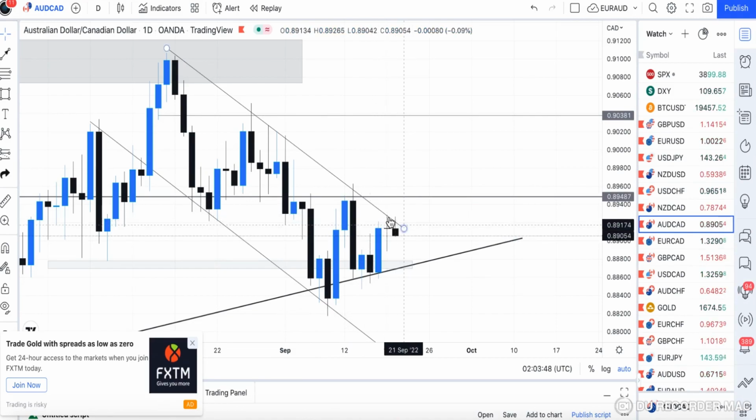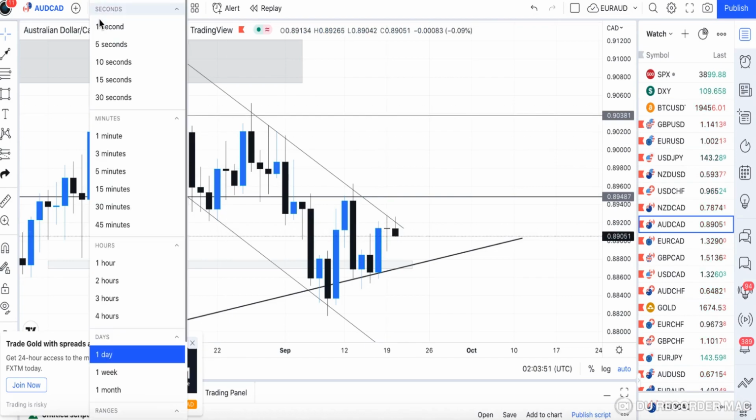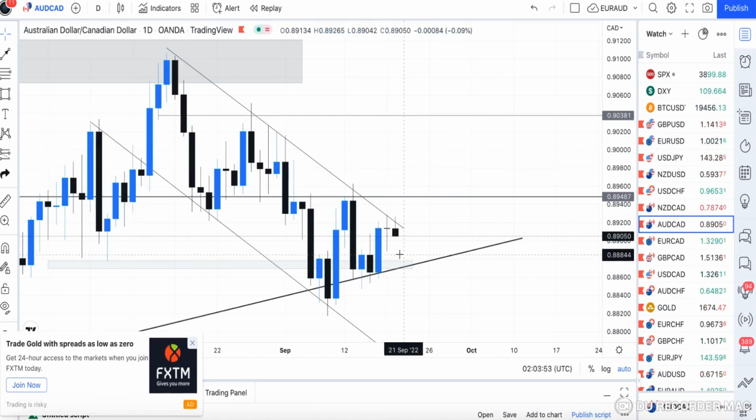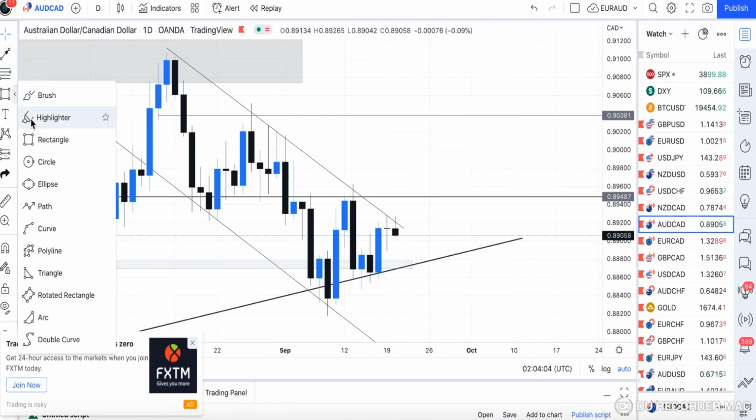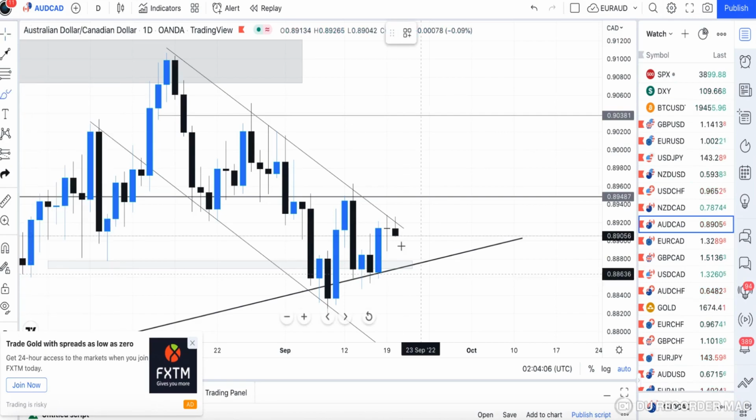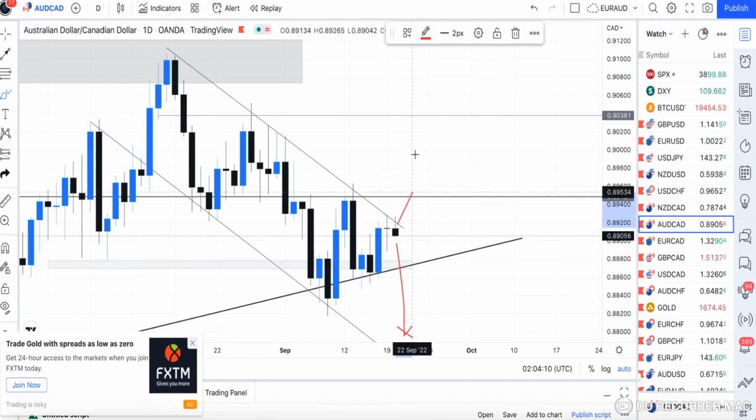A rejection is here already. So there are two things that will determine this: maybe we'll have a breakout of this particular trend line, or we'll have a move to the downside. Maybe we'll have a move to this particular area, or we'll break above that particular line at that area.